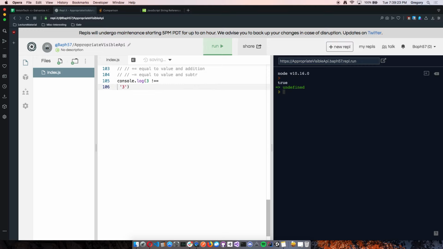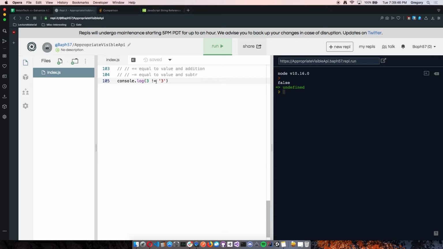This is true because we're asking the computer, is 3 not equal to the data type of 3 of a string? That's true. This is true. These are not equal. The reason why it says false here is because it is equal, because it's no longer checking the data type.